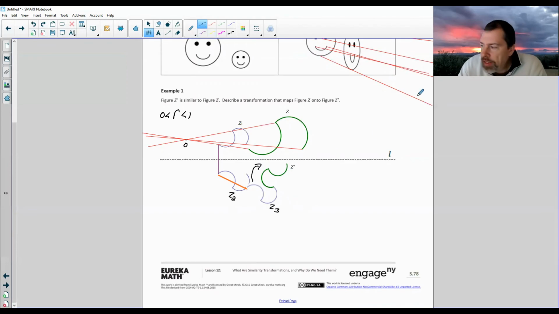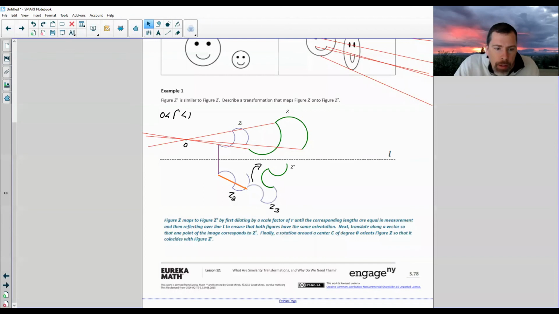Okay, let's sum that all up. We would say figure Z maps to figure Z prime by first dilating by a scale factor of R until the corresponding lengths are equal in measurement, and then reflecting over line L to ensure that both figures have the same orientation. Next, translate along a vector so that one point of the image corresponds to Z prime. That would have been this one.